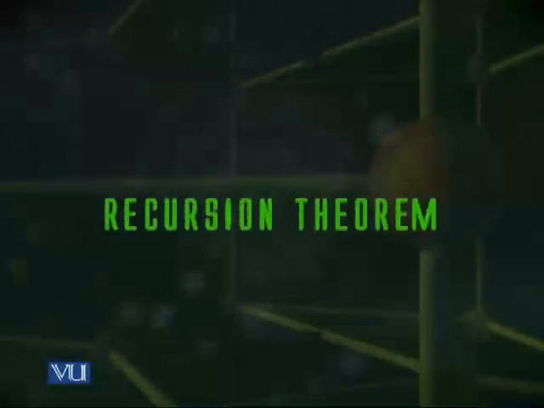If we are given a problem which is Turing recognizable, it may be decidable, it may not be decidable. However, if we can show that ATM is reducible to that problem, then we can conclude that problem is not decidable. Next topic is going to be recursion theorem.